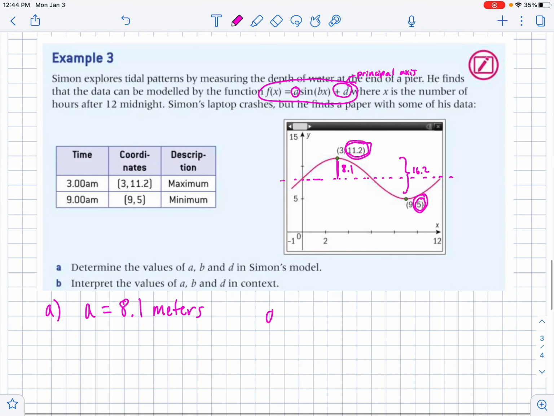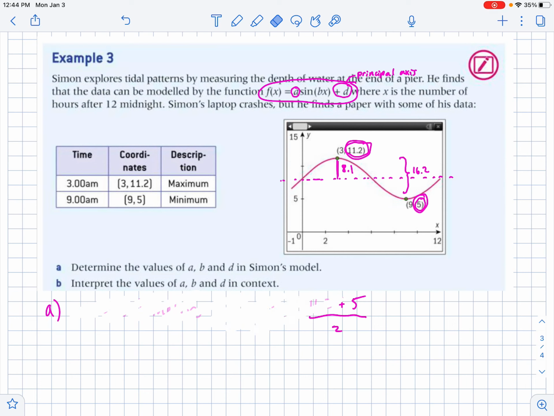So D is going to be equal to 11.2 plus 5 divided by 2. Oh no, did I screw up? I think I did screw up. Classic. Hold on. 11.2 minus 5, 6.2. Okay, we got to back up, you guys.